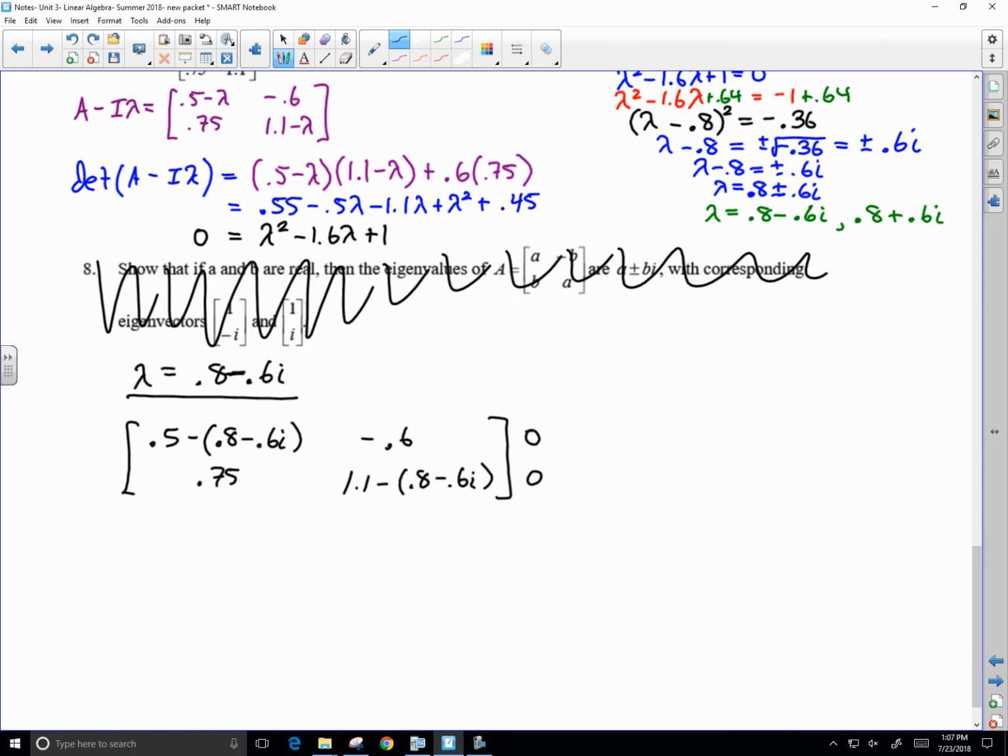It's just not overly nice to look at. So negative 0.3 plus 0.6i, negative 0.6, 0.75, positive 0.3 plus 0.6i.